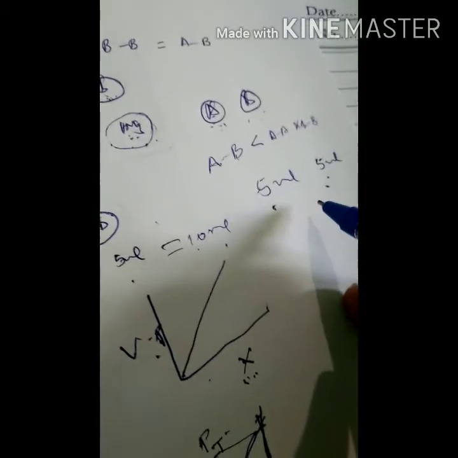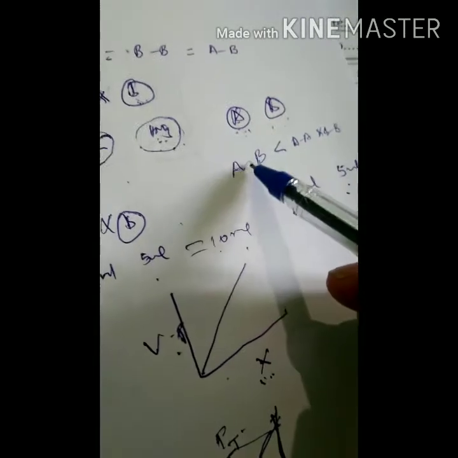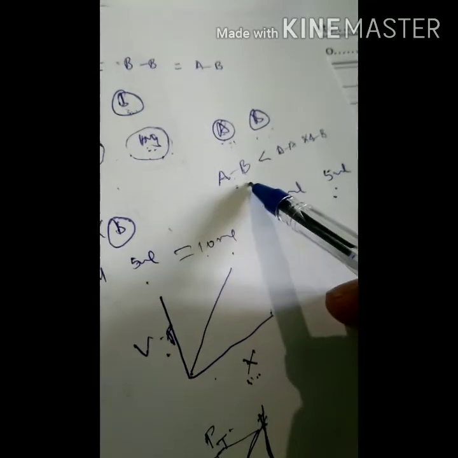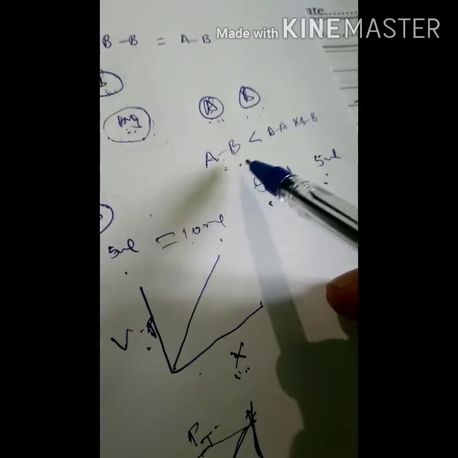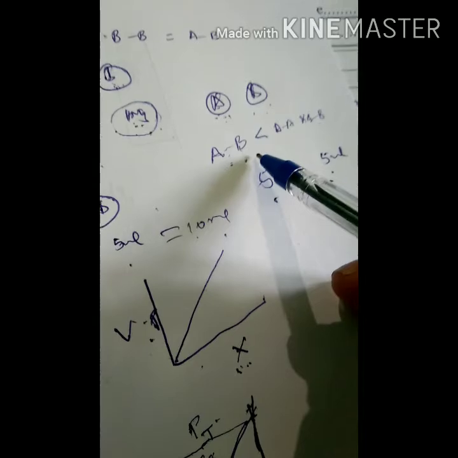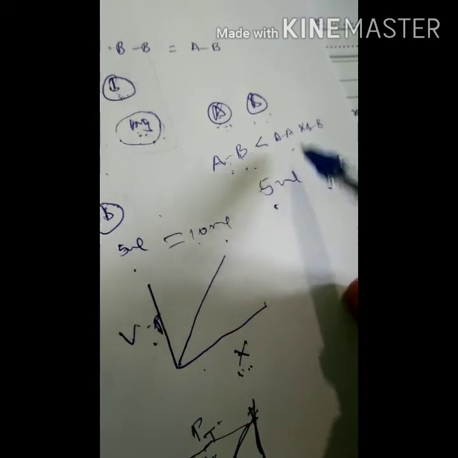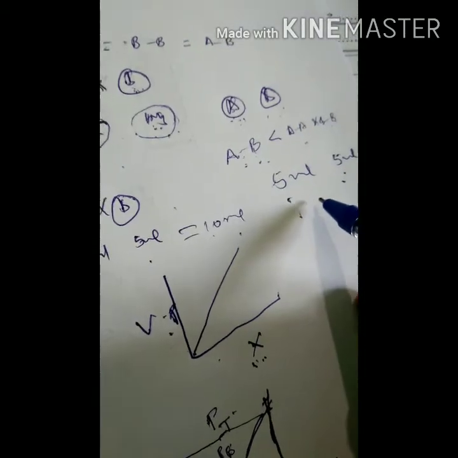But here we will get more than 10 ml, because the attractions between solute and solvent are very less. If attractions are less, the molecules move apart from each other. If molecules move apart from each other, then the total volume increases more than expected. That is why delta V mixing is greater than 0.